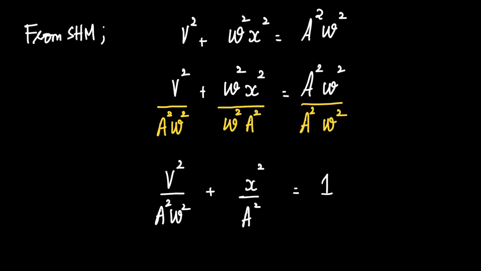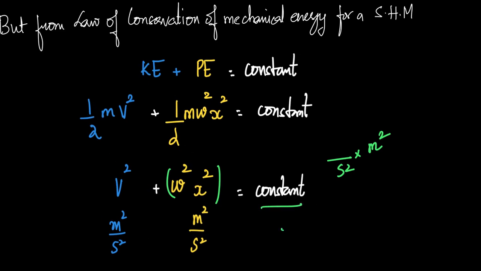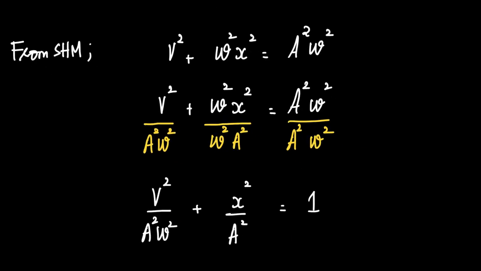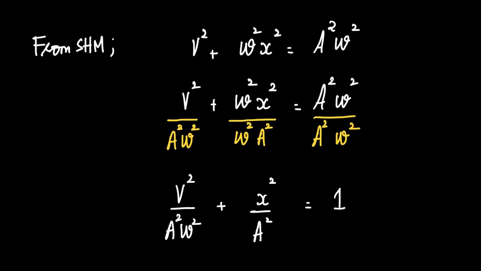Well, this constant is actually a square omega square. So this equation, v square by a square omega square plus x square by a square is equal to 1, is the new equation for simple harmonic motion.